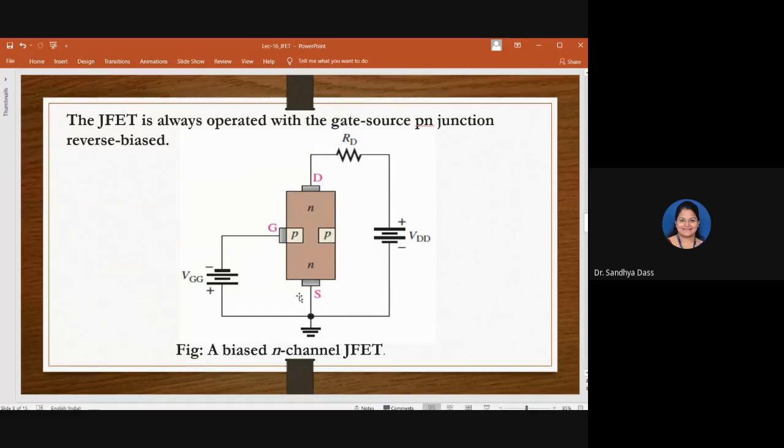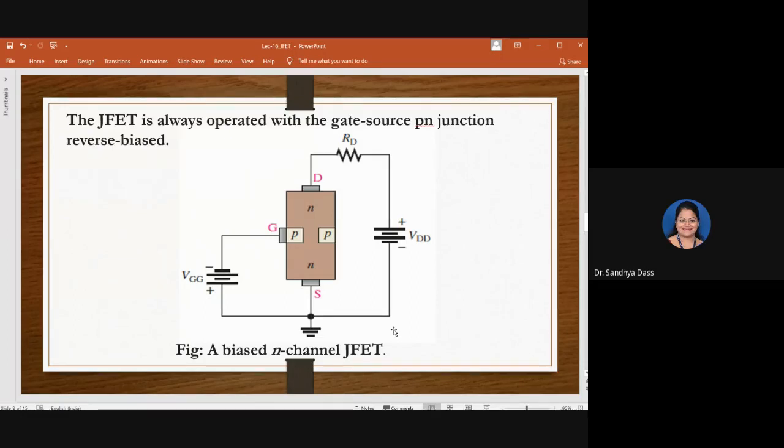Please note down this biasing configuration quickly. So in order to make the device work or to allow the current to flow through, we have to bias it.